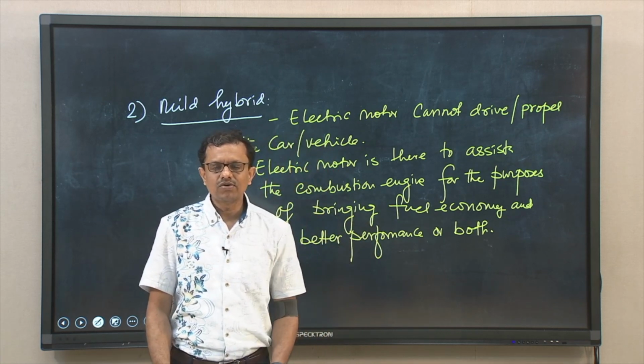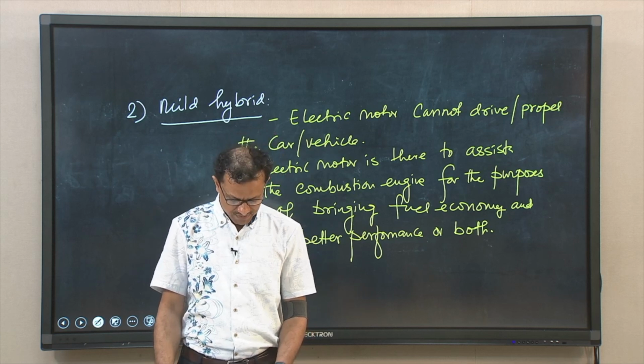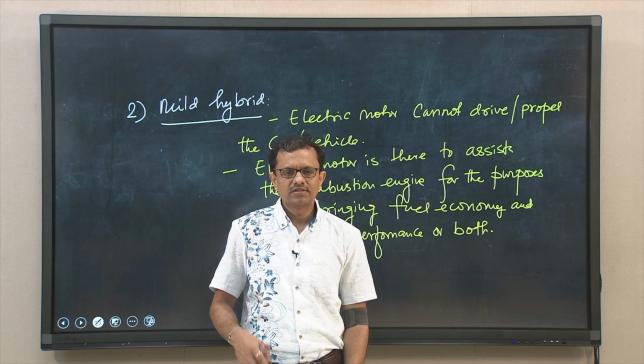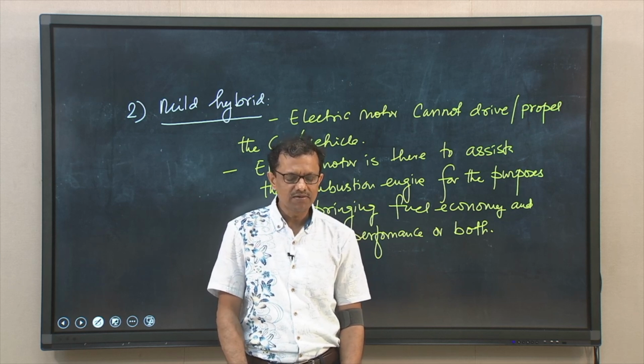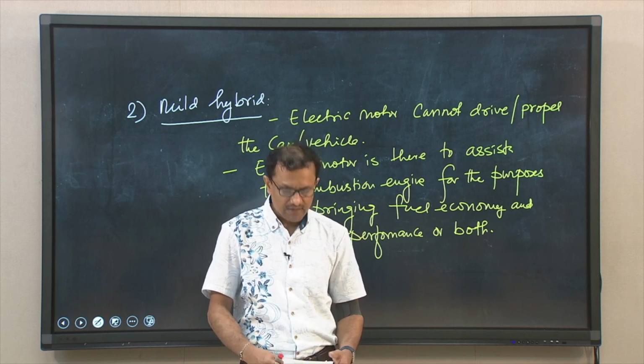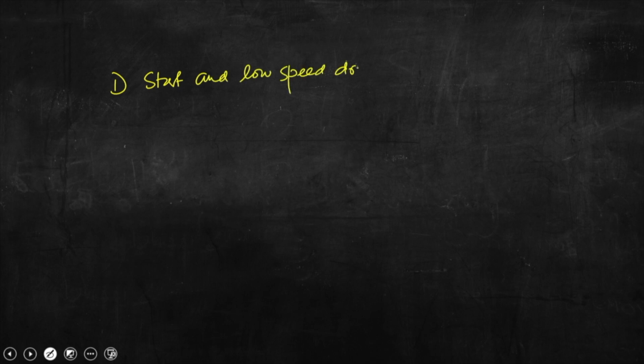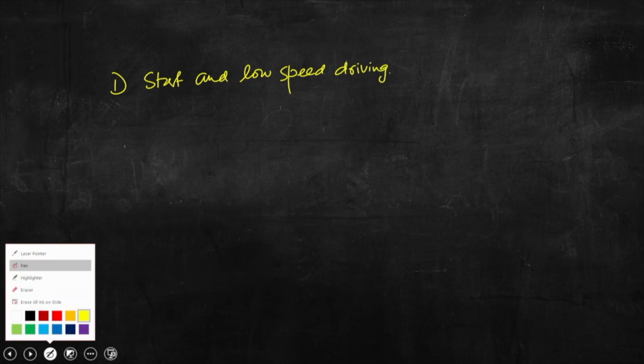Having discussed different types of hybrid system and the thematic arrangements, let us now briefly discuss several arrangements. Very quickly I will discuss them schematically. One could be start and low speed driving. Then what should be the schematic arrangement, right?